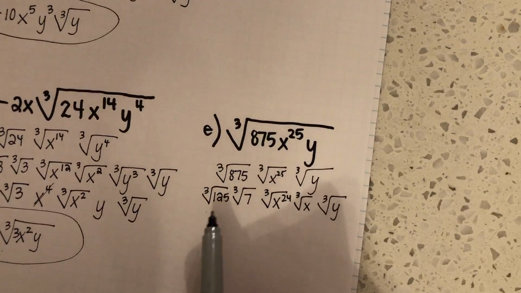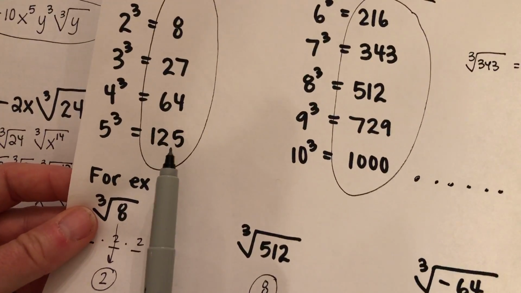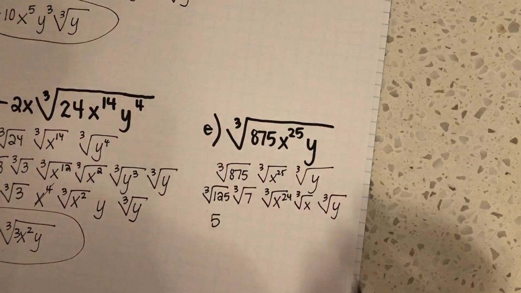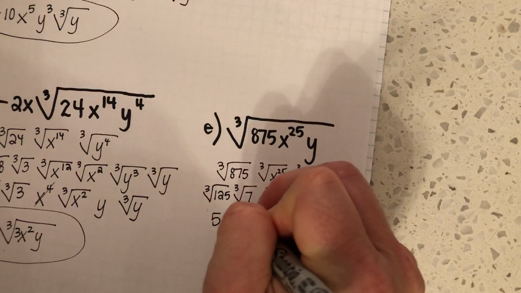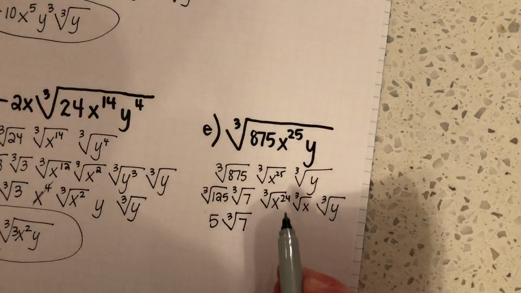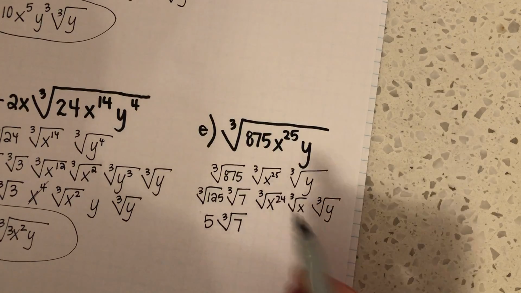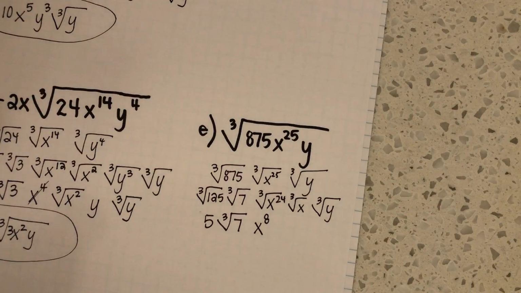All right, here we go. Let's go through. What's the third root of 125? The third root of 125 is 5. The third root of 7 is our leftover, so he will stay stuck under the radical, the third root of 7. All right, power divided by root. What is 24 divided by 3? 8. So that's x to the 8th, no more radical.